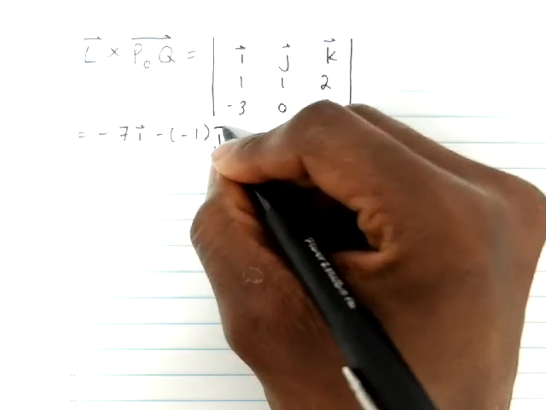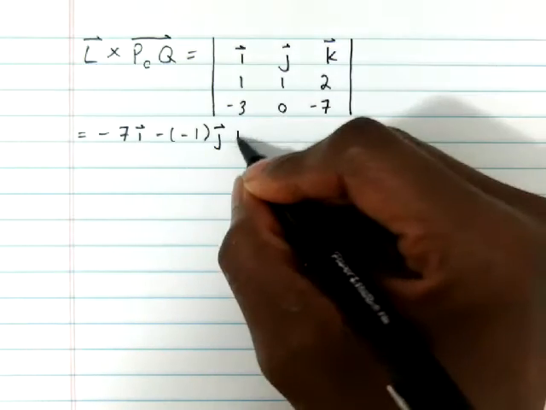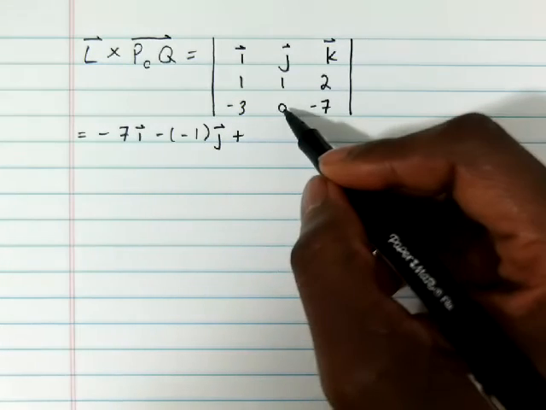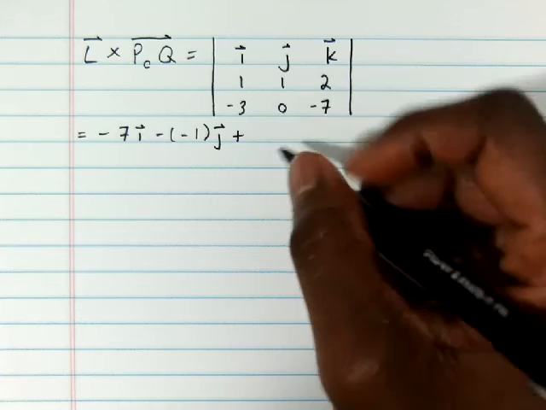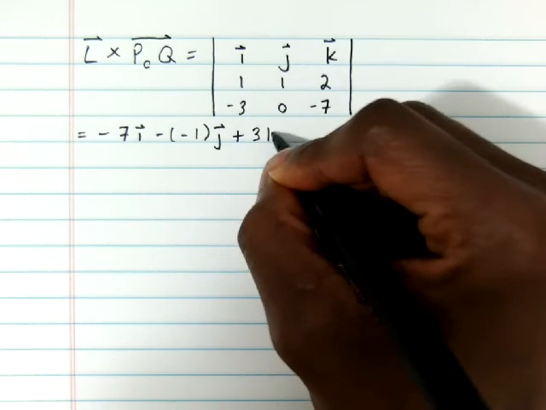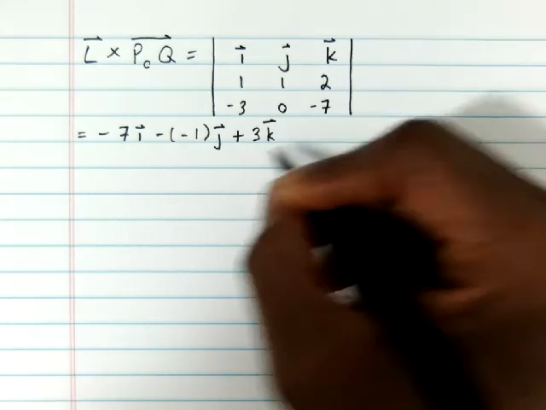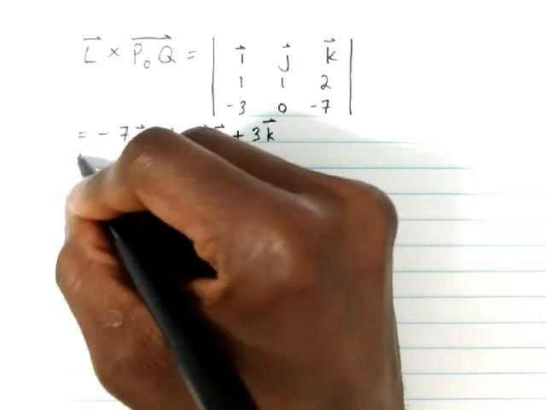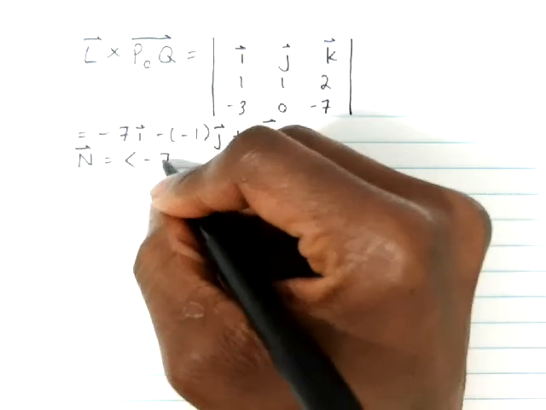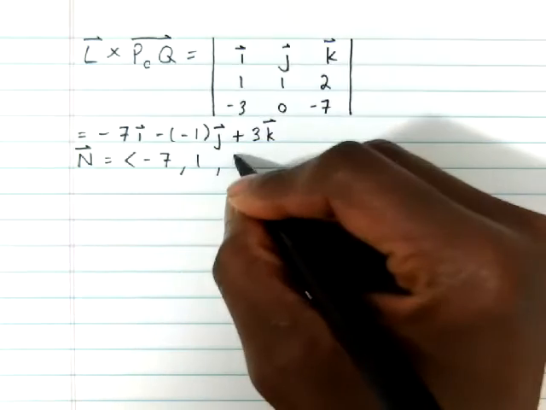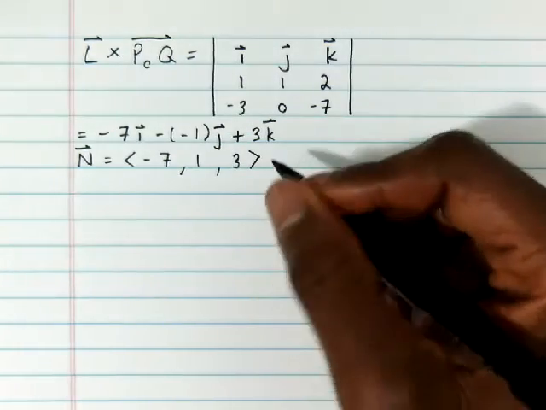And that's in the j direction. And then plus 1 times 0 gives us 0, and then minus the -3, which gives us a +3. So that's our normal vector. So our normal vector N is -7, 1, 3.